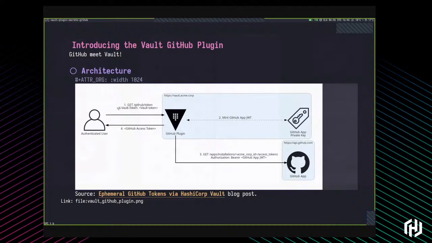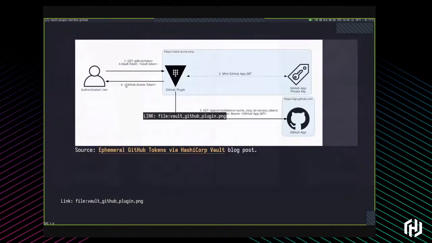Anyway, so a request then looks like the user making a request to Vault, Vault handling that complicated JWT work process to get a token from GitHub. So it mints a JWT, passes that on to GitHub. It mints a JWT, I should say, using a private key that is now securely stashed in Vault, never to be seen again.